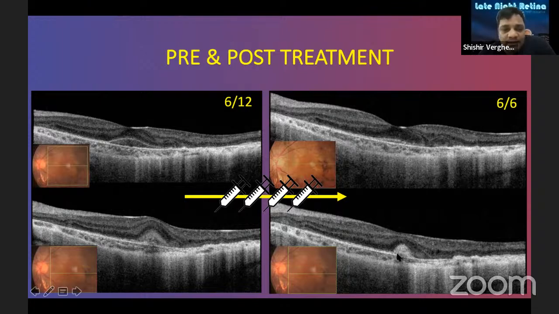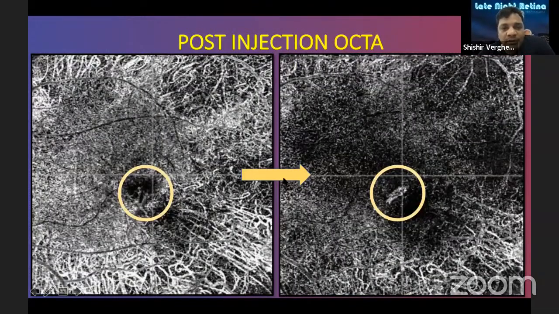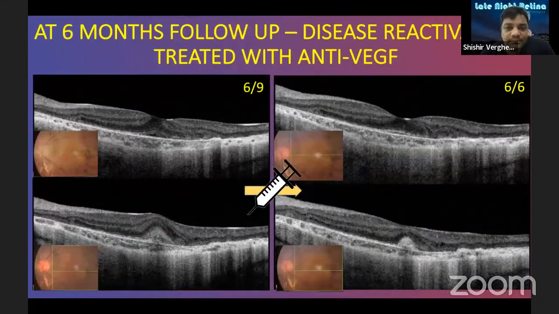Also the hyperreflective complex has become small, it has shrunk and become slightly smaller in size as compared to the initial scan. And also on the OCTA, we can see that in the left eye, the vascular network has actually shrunk and it's appearing a little more condensed.